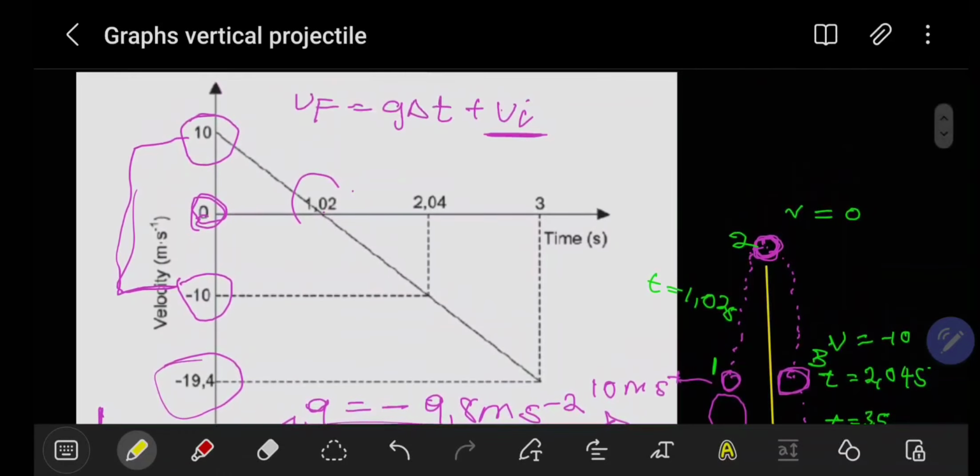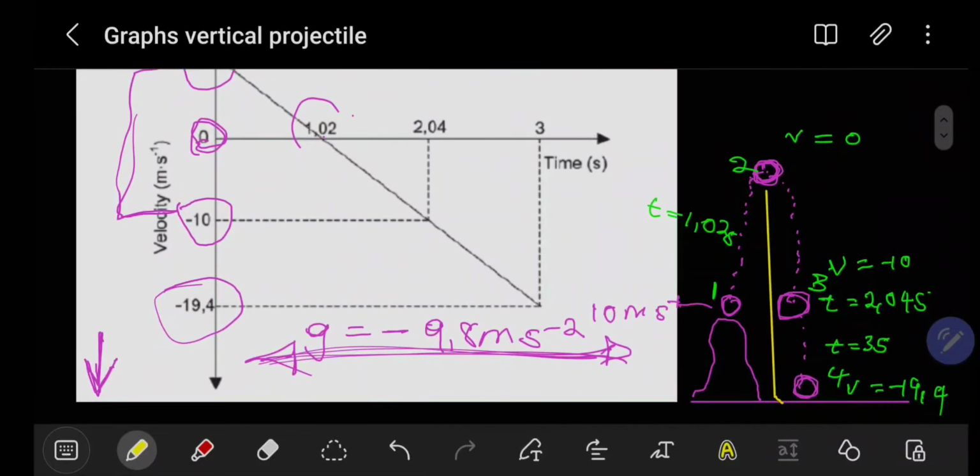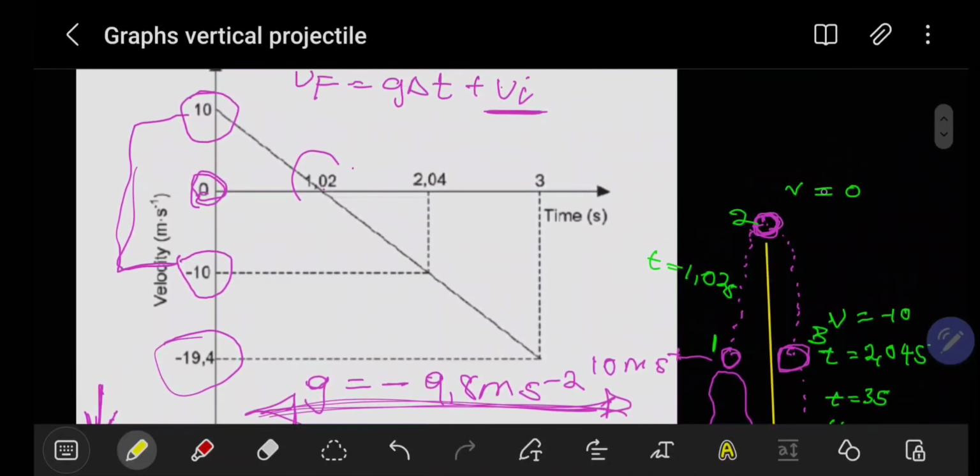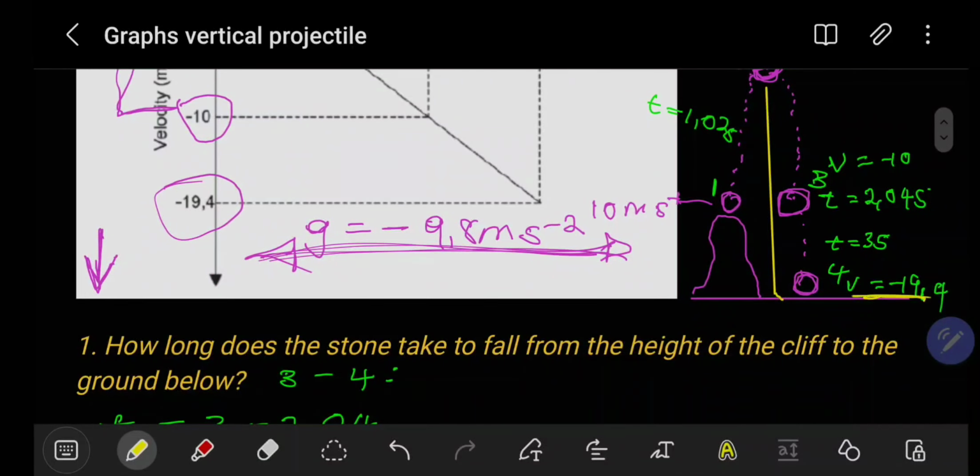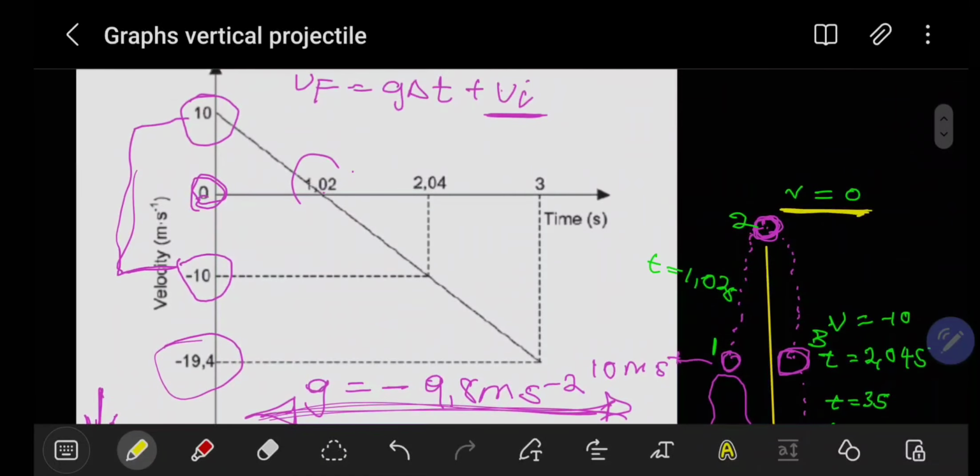From the graph, we have this straight line. What can guide you is they want the displacement from where the velocity was 0 until it reached 19.4. So you are going to calculate your area from where the velocity was 0.